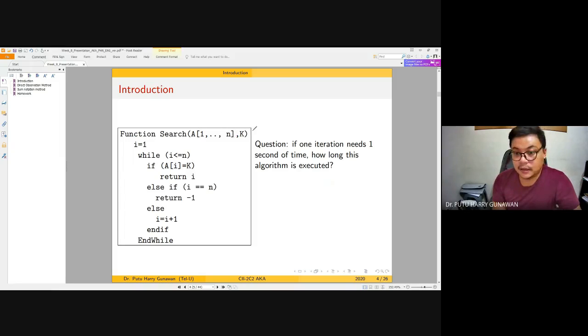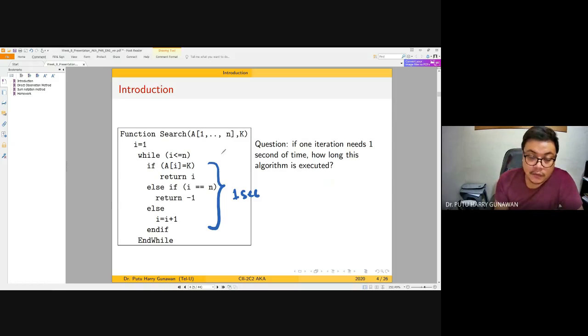Then the question: if one iteration needs 1 second of time, how long is this algorithm executed? One loop needs 1 second.